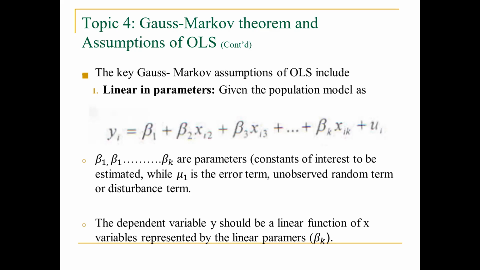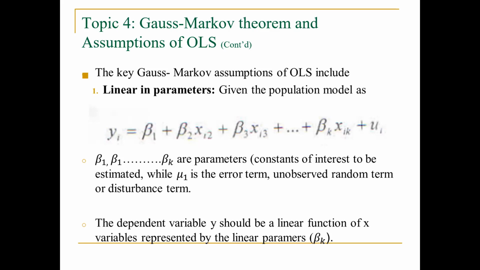Look at this population equation that we give. Y equals beta 1 plus beta 2 x2 plus beta 3 x3 up to beta k xk plus the mu. If you recall very well what we talked about, beta 1, beta 2 up to beta k are the parameters or the constants of interest that we're estimating.